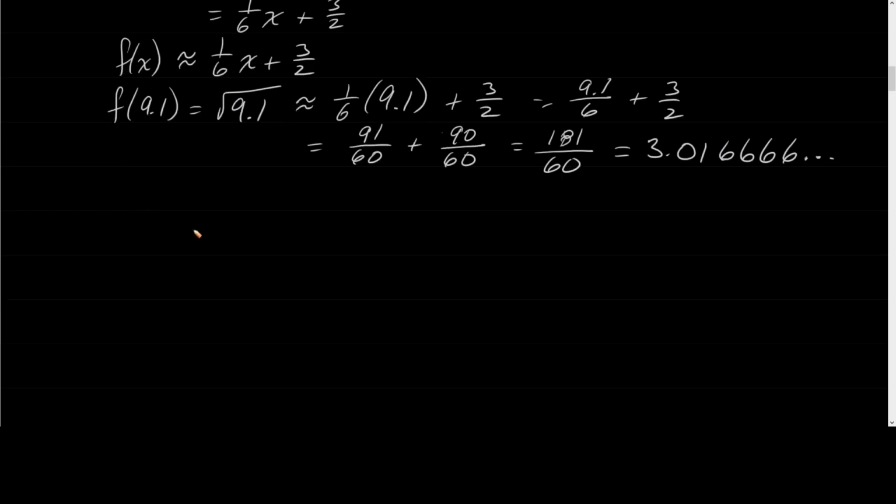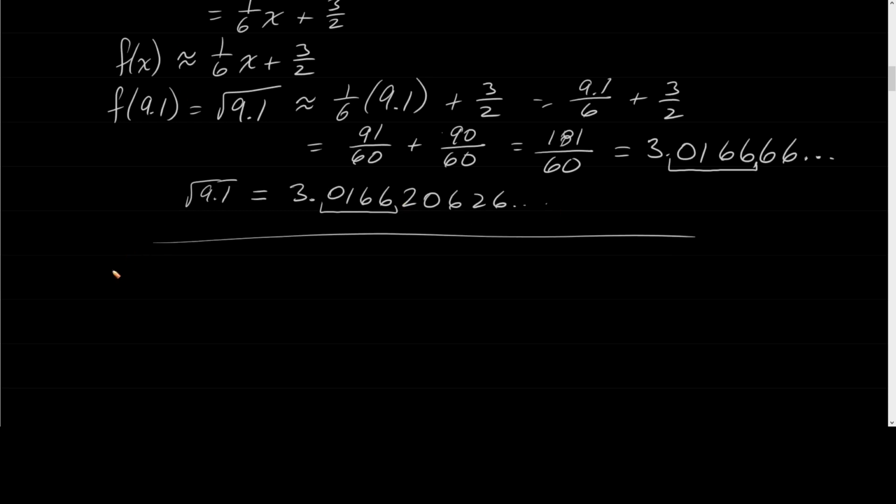Before I move on, the square root of 9.1 is actually 3.016620626 with a whole bunch of other stuff. Notice that's pretty close. It's only after that it starts differing. But anyway, let's see how good our approximation is for values a little bit further away from 9.